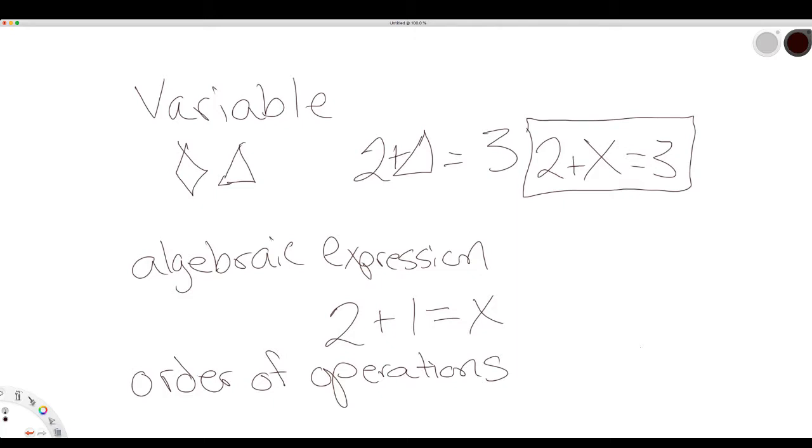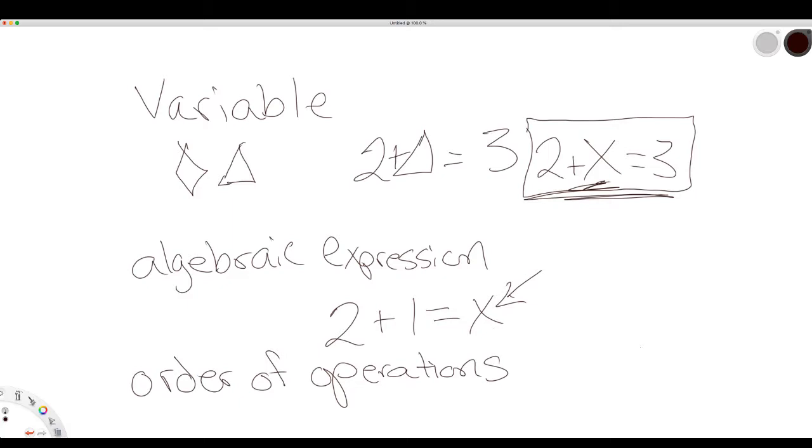This here is also an algebraic expression. This one here, this part, that's also an algebraic expression because 2 + x = 3. That expression contains a variable. So that is an algebraic expression. So just understand that it's an expression that contains at least one variable. So as long as it's got one variable, and it can be x, it can be other things as well, as long as it's got one of those, it's an algebraic expression.